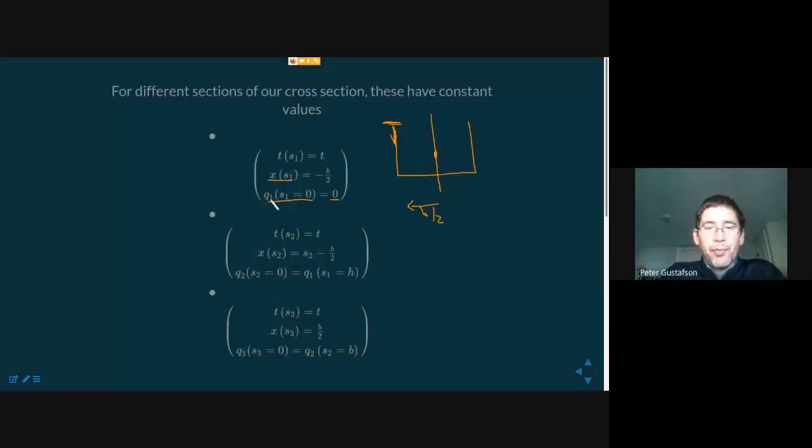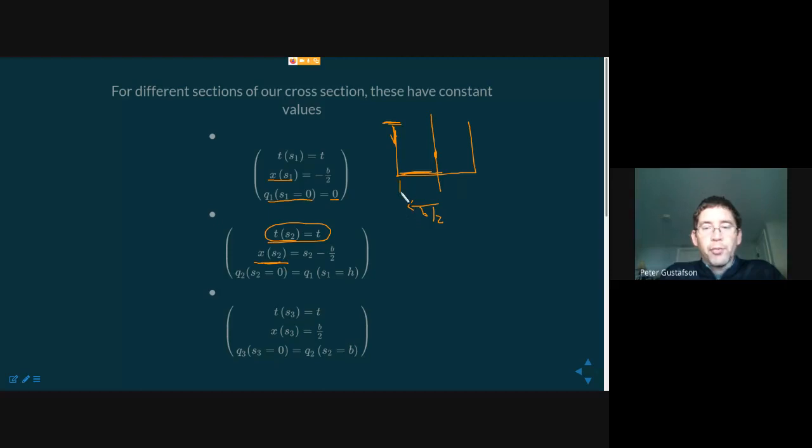All right, so these are the constant values and the boundary condition for the shear flow in this section. Then we've defined a new coordinate system, so we're calculating the shear flow in the bottom. In this case, I'm going to say the whole thing has the same constant thickness T. We need to define the X position as a function of the S position.